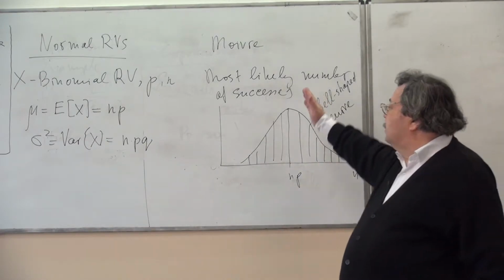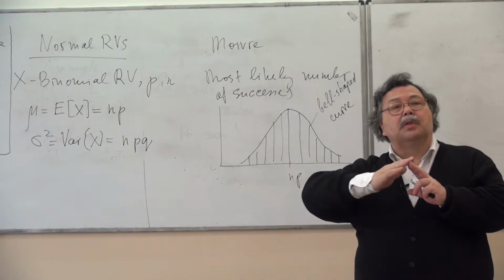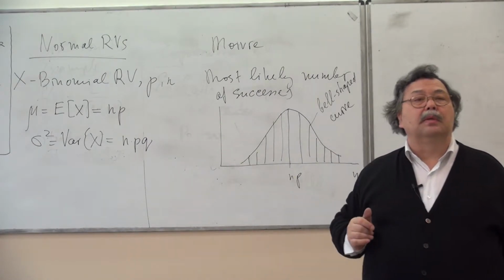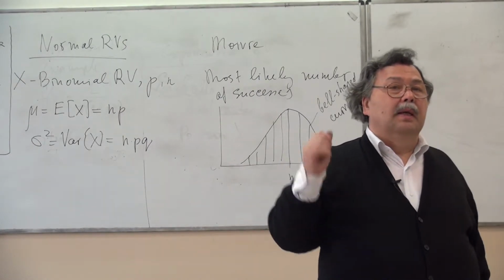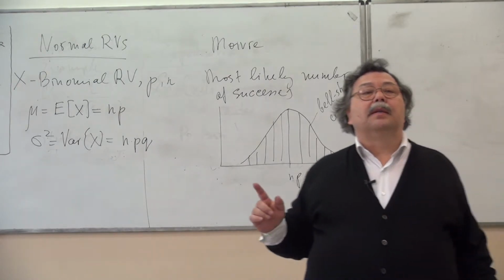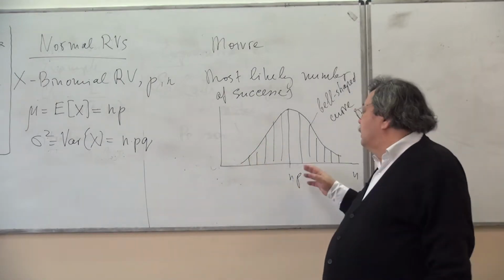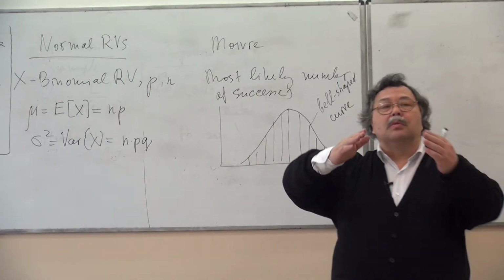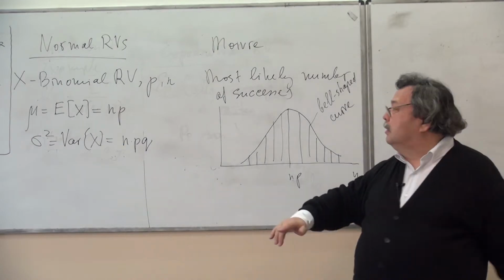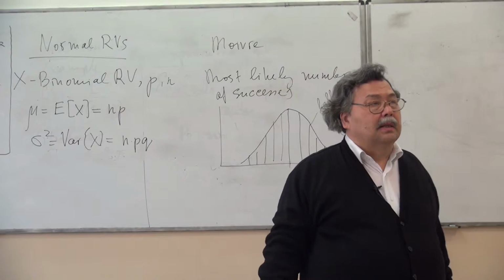So the center of this distribution shifts to the right on the horizontal axis as n increases. This is one thing that happens when n increases. And another thing is that as n increases, the distribution becomes more spread out. Look at this. Variance increases as n increases, okay?